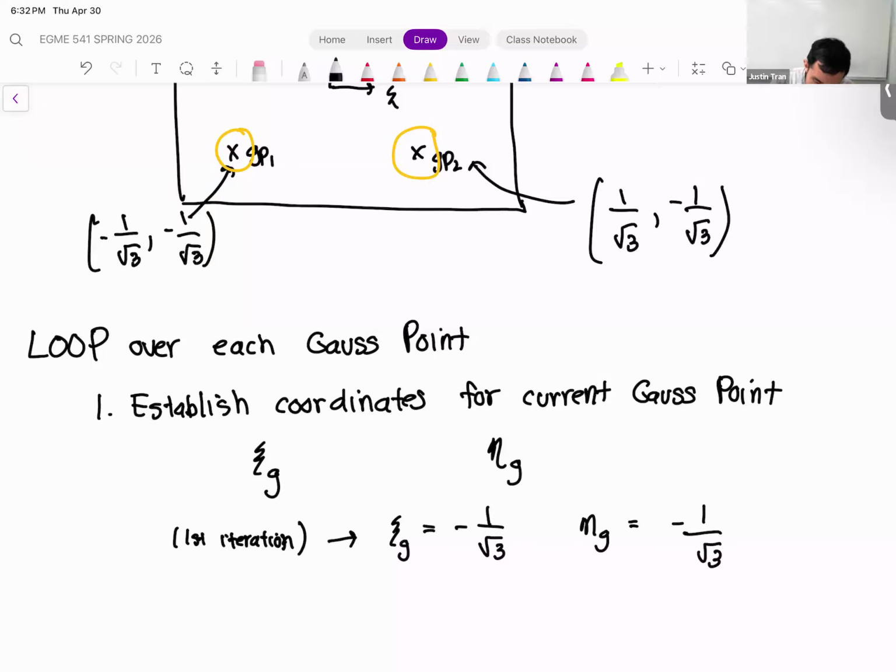We're saying that we're visiting this Gauss point right here, Gauss point 1, and plugging those values in for epsilon g and eta g. From here on forward, we've established the values of our Gauss point, and everywhere we see epsilon and eta in our expressions and formulas, that's exactly what we're going to plug in.